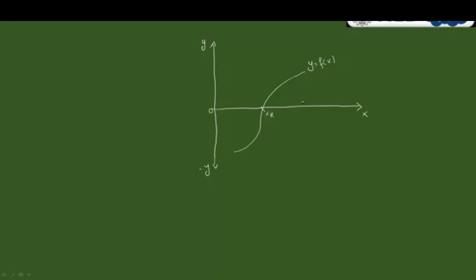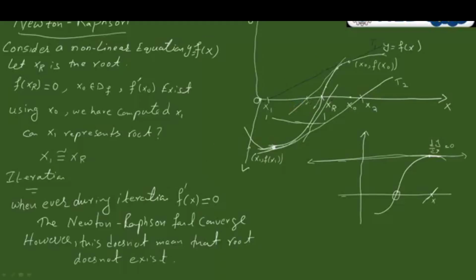Okay, so if you remember in the previous slide, I selected x naught, and based on x naught I get x1. So using x naught I have got x1 based on this logic. Similarly, using x1, then I will get x2, and so on. This process continues. So I can generally say that whenever I have the x i value, I will get x i plus 1.